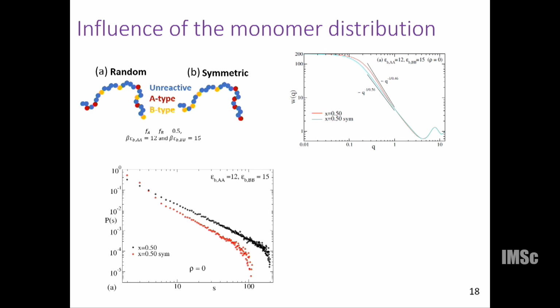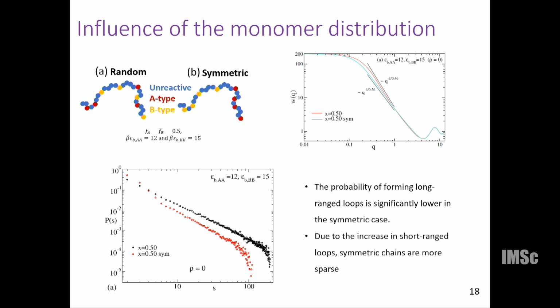At higher contour distances, you see in the symmetric case, the probability is less. Because of that, the structures are forming extended conformations in the symmetric case. This is the summary coming from this part. Simply by tuning the arrangement of the reactive monomers, we can achieve different conformations.